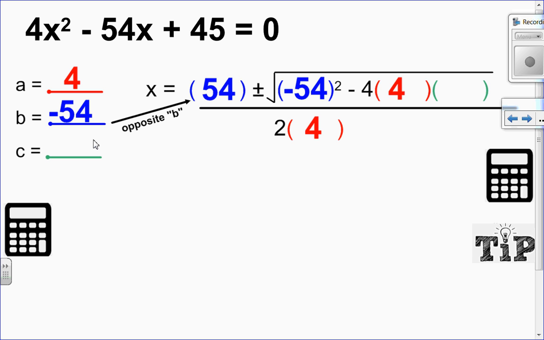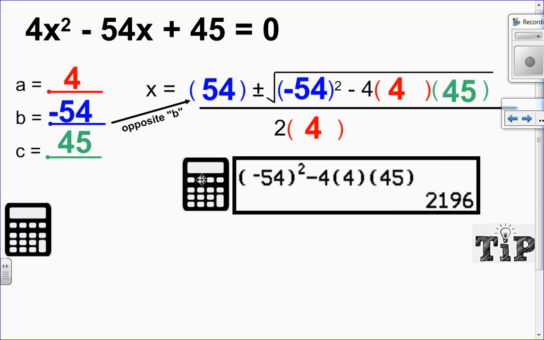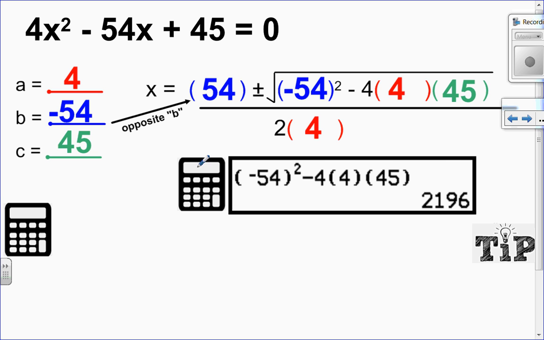And then c is your y-intercept, or your lonely number of 45. So what I'm going to do is enter in what I have underneath the root without taking the root, and then write out what I have. So right now I have x equals 54 plus or minus the root of 2,196 all over 8.